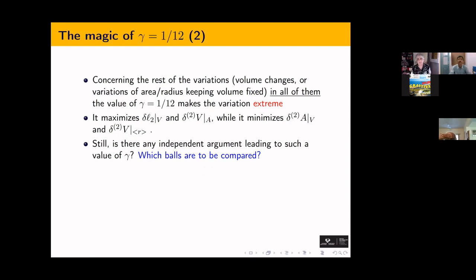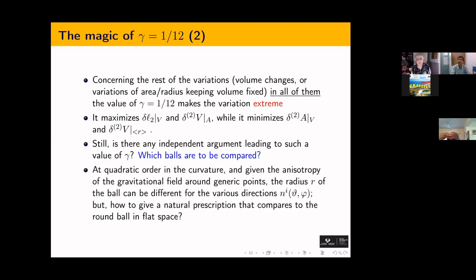And this leads to the question, which are the balls we have to compare? Because we are comparing balls that we are constructing by doing these geodesic balls to things in flat space-time. Which balls should we say are the same to be compared? You see, at quadratic order in the curvature, given that at an arbitrary point in my space-time the gravitational field around these points is anisotropic, then the radius r will be different in various directions, right?